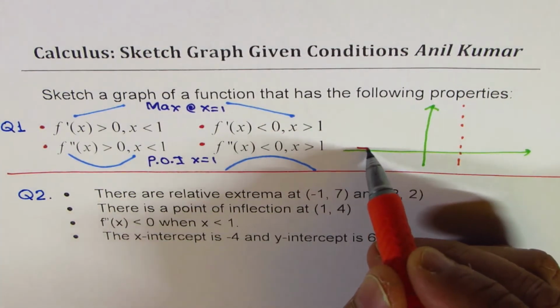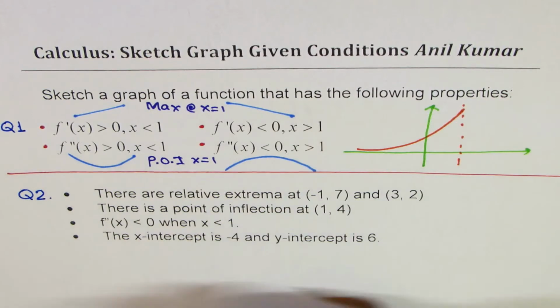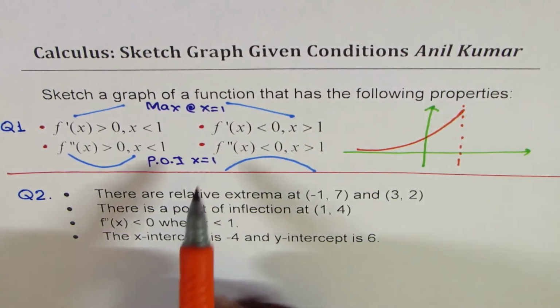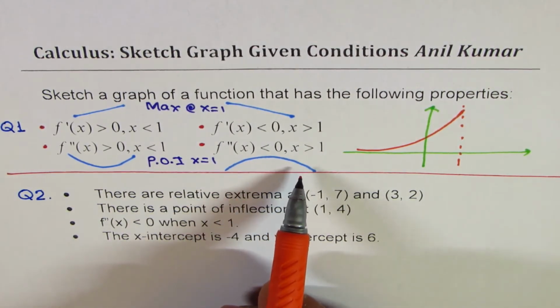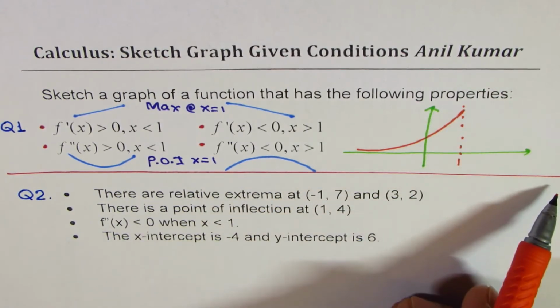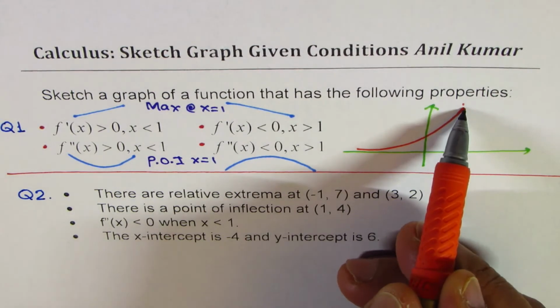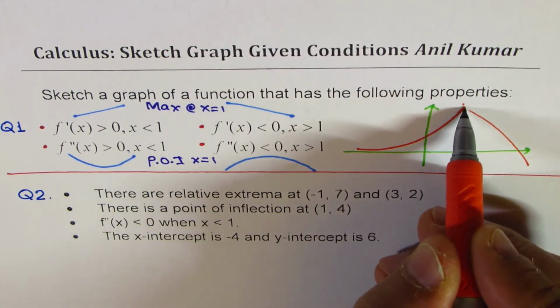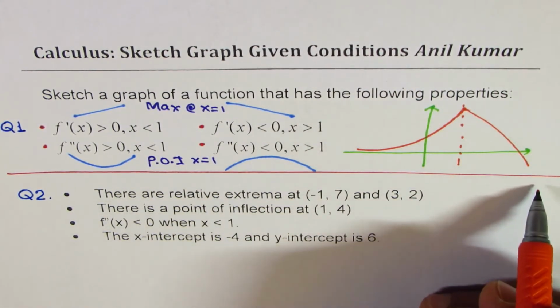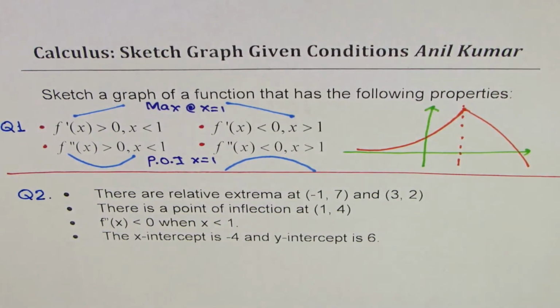So basically, the characteristic is kind of like this. And on the right side, it is decreasing and concave down. So it is kind of like this. Decreasing and concave down. So that becomes the characteristics.